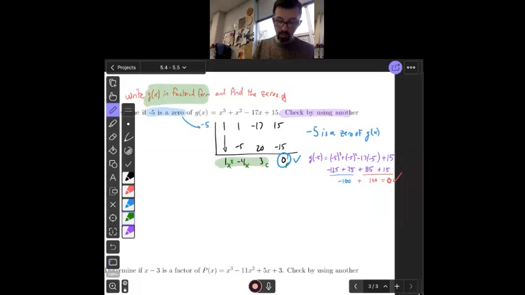And this, of course, was our remainder. So that results in x squared minus 4x plus 3. Again, that's called the resulting polynomial. So you divide out what you know to get what's left.